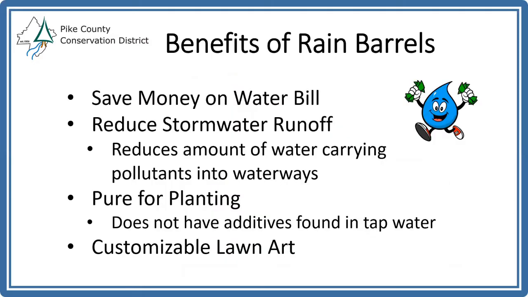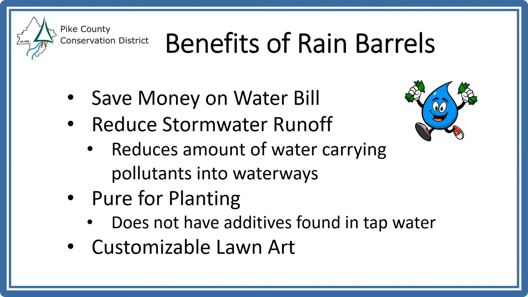Some of the benefits of rain barrels are that they'll save you money on your water bill. If you're using the stormwater for plants and for other purposes around your lawn, maybe to water your lawn, it definitely means you're taking less water out of the system. It obviously helps reduce stormwater runoff, as I've been saying, and it reduces the amount of water carrying pollutants into our waterways.